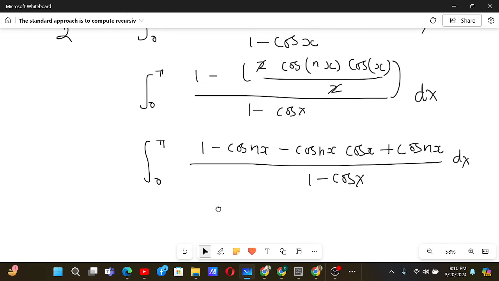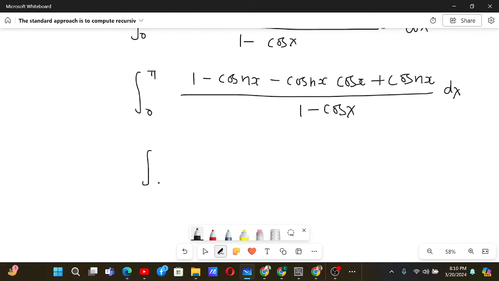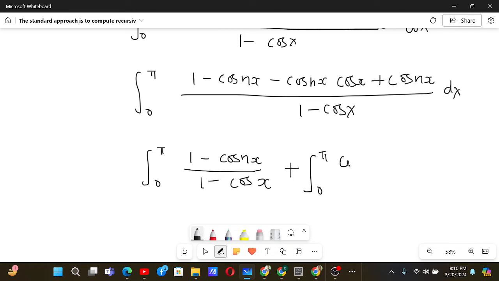Now after this step we can write this as the integral from 0 to pi of 1 minus cos nx by 1 minus cos x, and then over here if you take cos nx common, this is just 1 minus cos x. So basically you have plus the integral from 0 to pi, if you take cos nx common, this is just 1 minus cos x by 1 minus cos x dx.